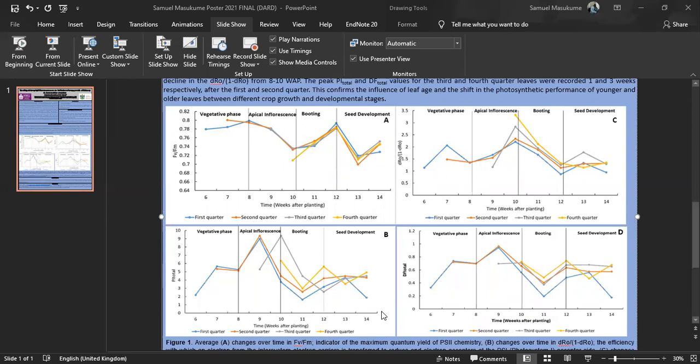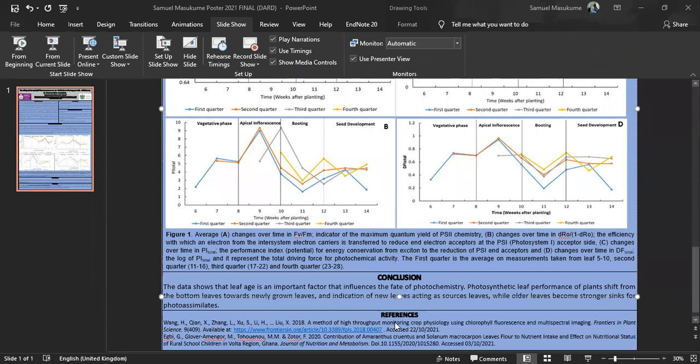The shift in the PI total for the different leaf quarters entails a shift in the photosynthetic efficiency of the different leaves, and this confirms that leaf age is a factor in photosynthetic efficiency, as younger leaves become more of a source of photoassimilates, and older leaves become the stronger sinks for photoassimilates.